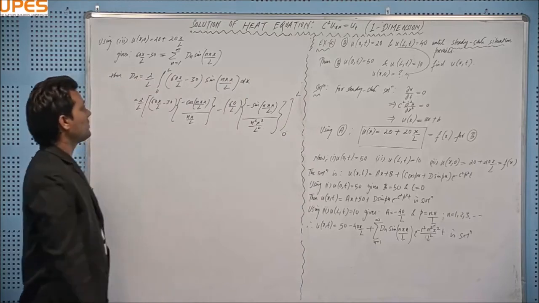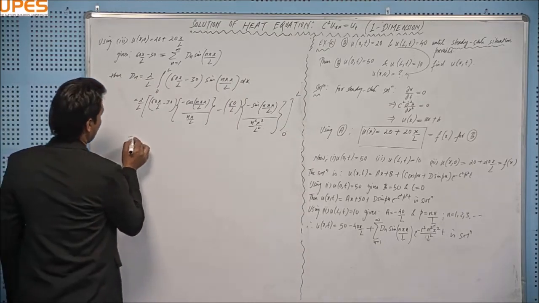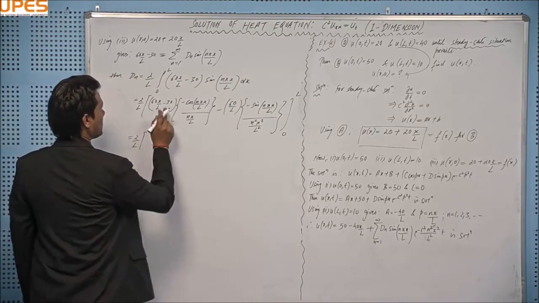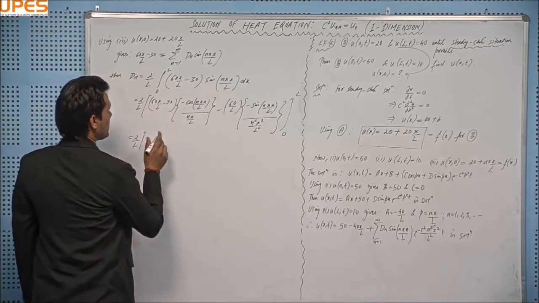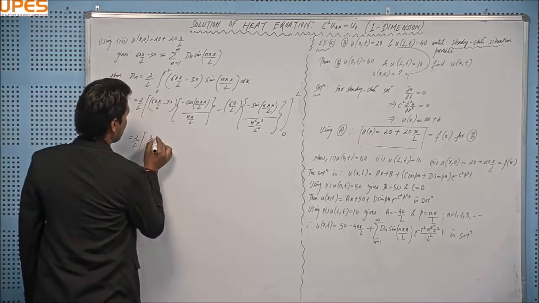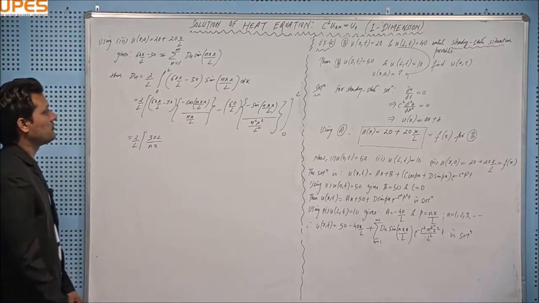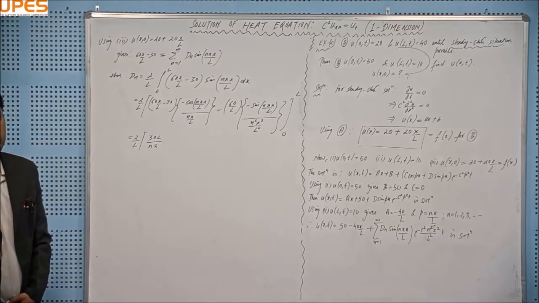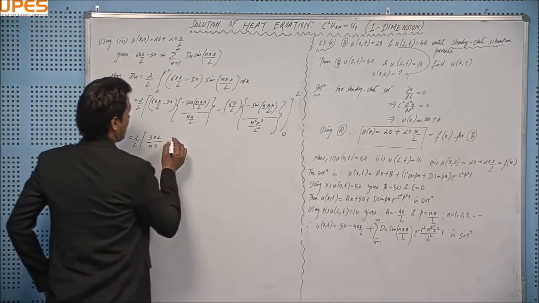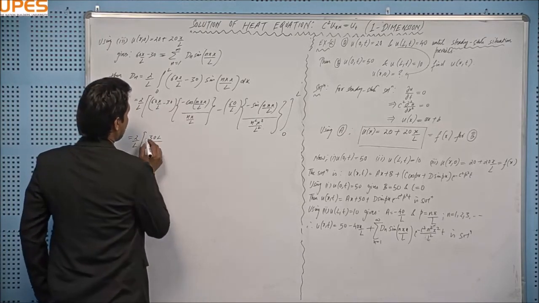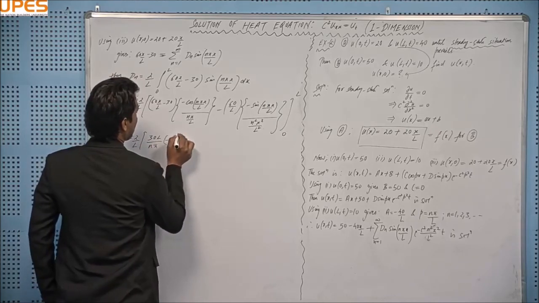Then plugging these limits, 2 over L, and that will give me 60 minus 30, that will become 30, and that will become 30L over n pi, and plugging L here will give me cos n pi, and then cos n pi is minus 1 to the power n, and the minus is still there, so that will become minus 1 to the power n plus 1, I think.